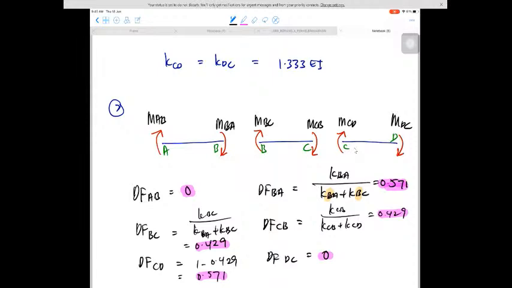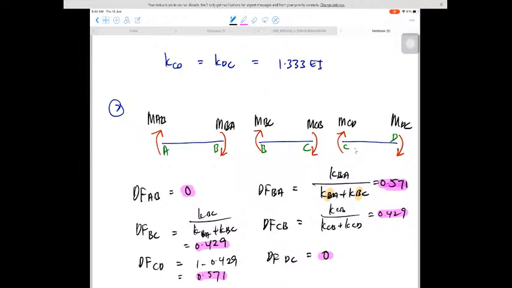Since there are 3 members and each member has 2 ends, the total number of member end moments is 6. So we also have 6 distribution factors to be determined, using the formula: member stiffness factor divided by joint stiffness factor.